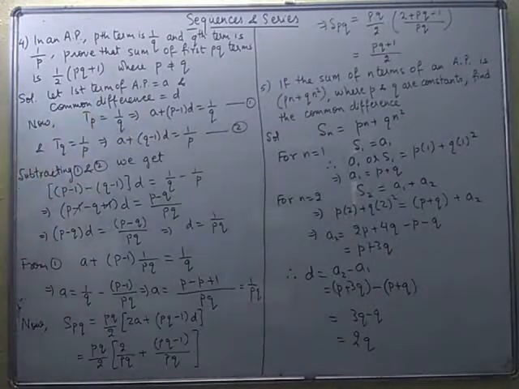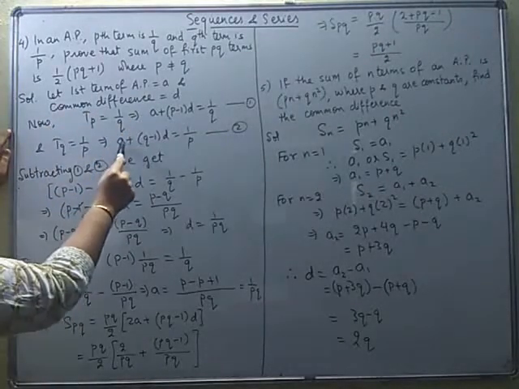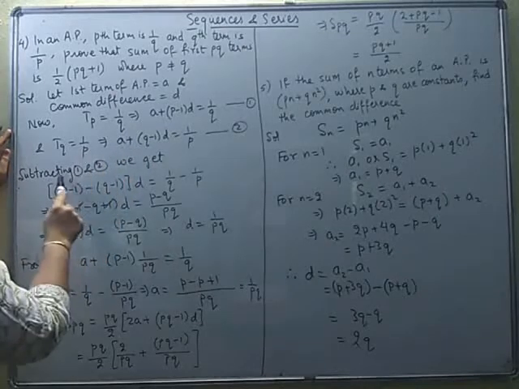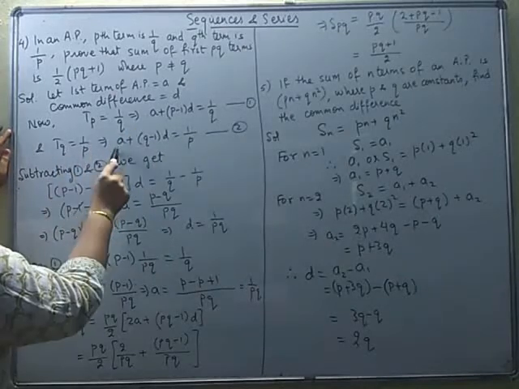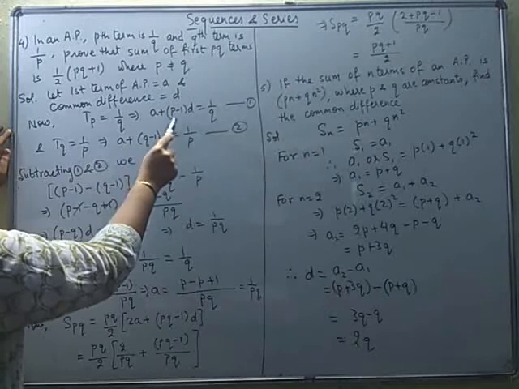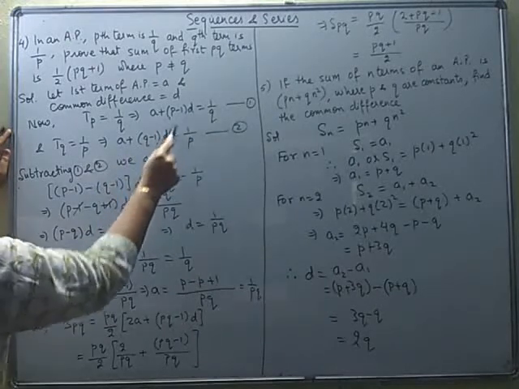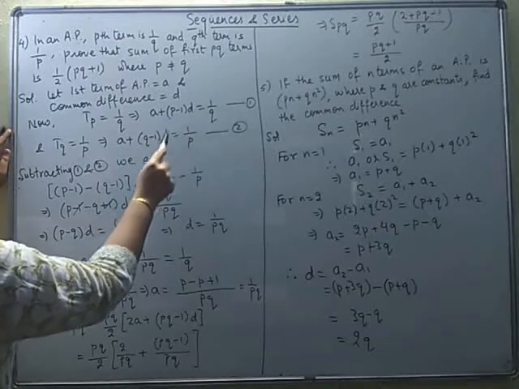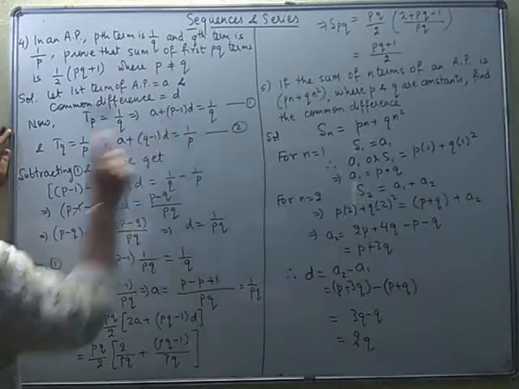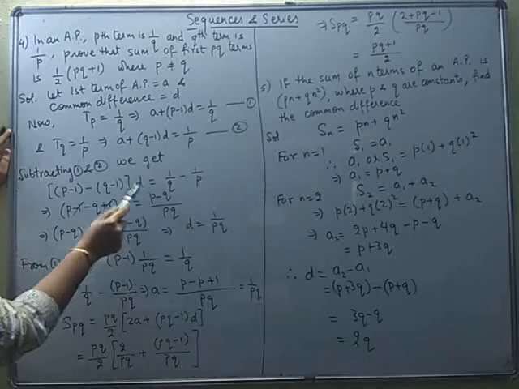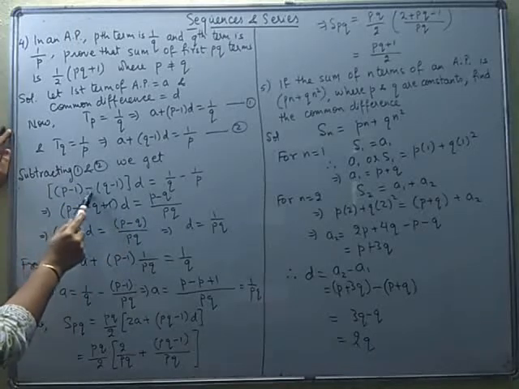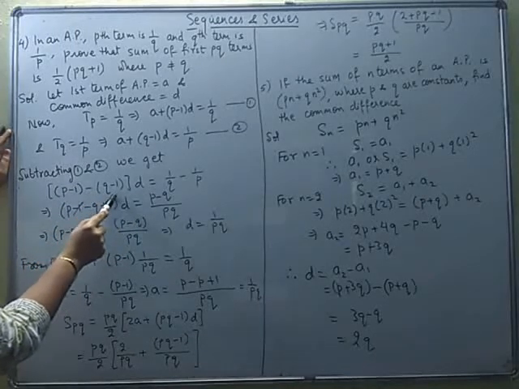And if we subtract both of them, then a and a will get cancelled out. So subtracting 1 and 2, a and a gets cancelled out. And the second term will be this minus this. Can you see they both have got d as a common factor? So if I subtract them, taking d common, we get p minus 1 minus q minus 1.